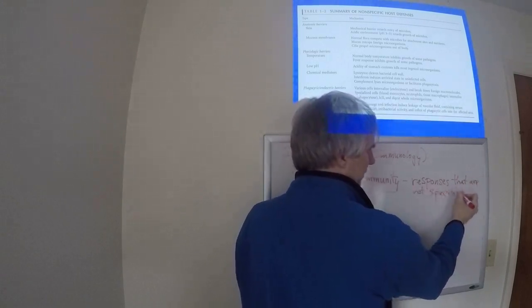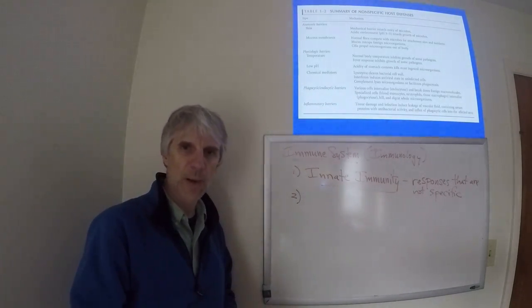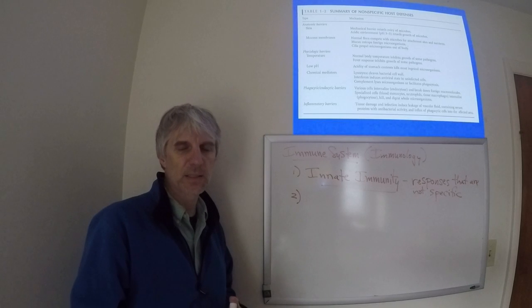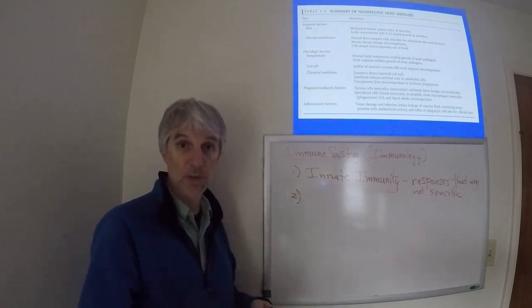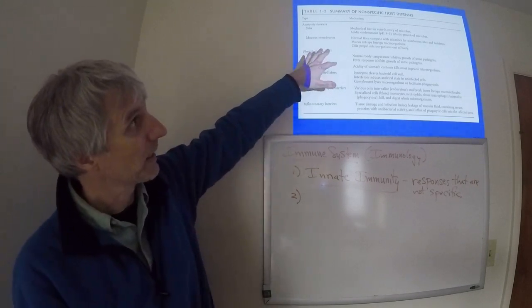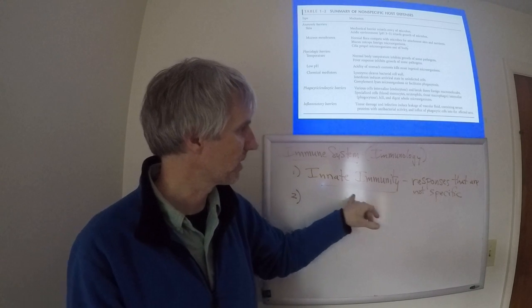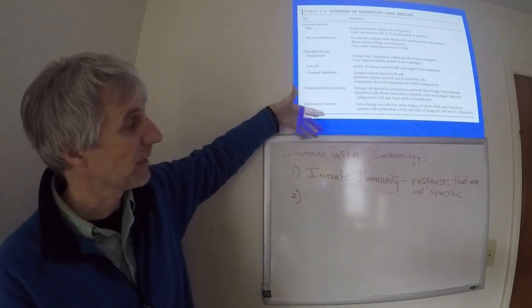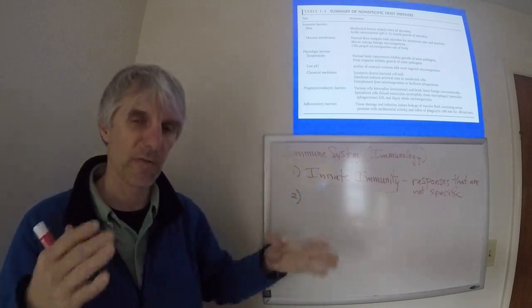That is, how that innate immune system responds to a pathogen is not affected by whether the organism has seen that particular pathogen before. So up here, what they're calling a summary of non-specific host defenses is basically innate immunity, because we're talking about non-specific responses.